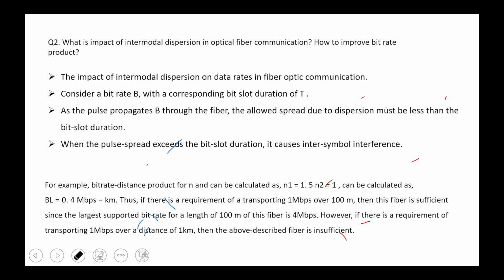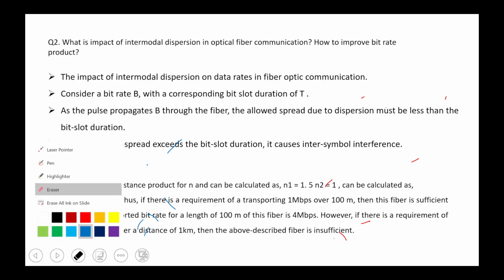If there is a requirement of transporting 1 Mbps over 100 meters, then the fiber is sufficient, since the bit rate product required is 0.4 Mbps kilometer, and our fiber supports 1 Mbps over 100 meters.